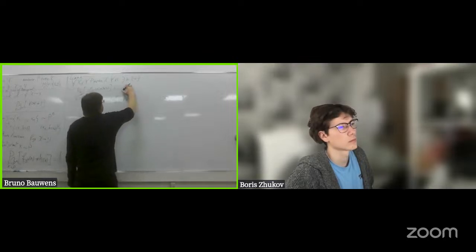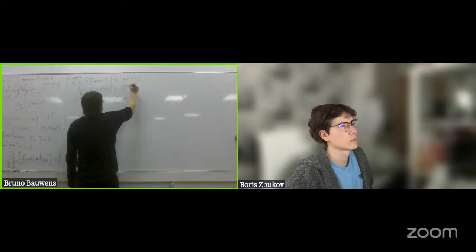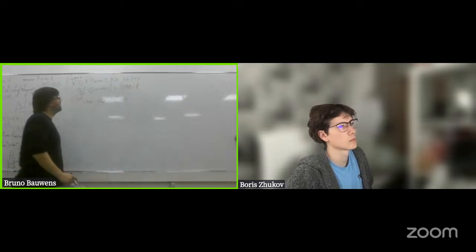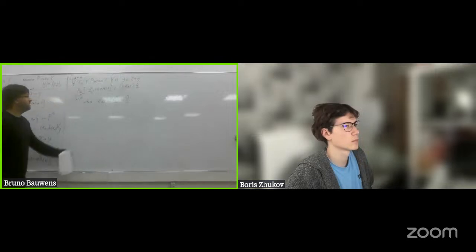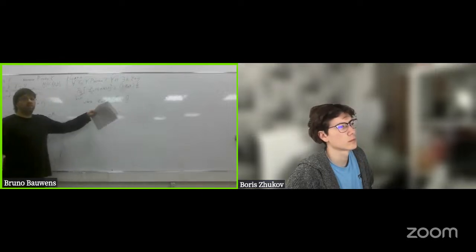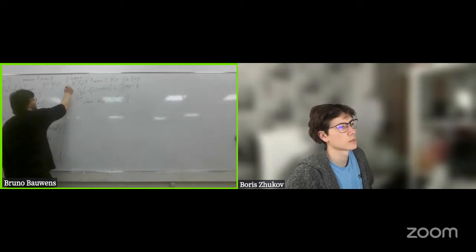Let me write it like this: 1 minus E_n(P) divided by 2. So E is the probability that we are in the training set. Let's write it in the same way as in the lecture notes.